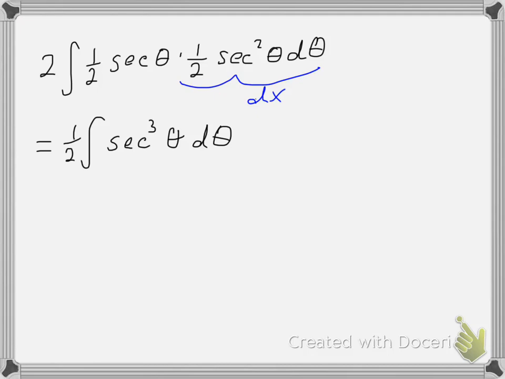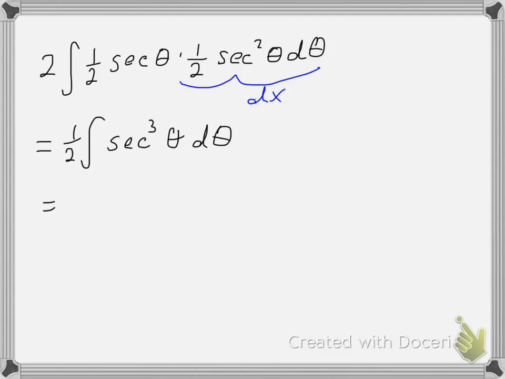Now we saw before, with integration by parts, that the integral of secant cubed of theta simply becomes 1/2 the secant theta tangent of theta plus the natural log of the absolute value of secant theta plus tangent theta.